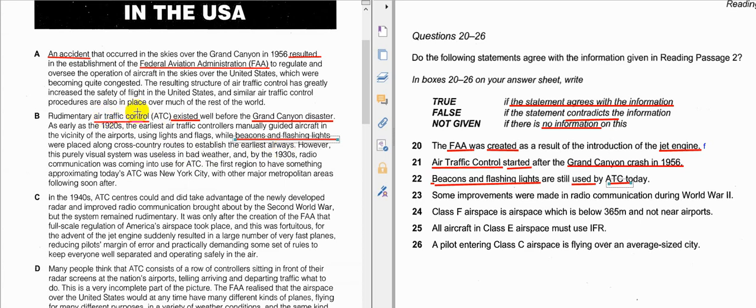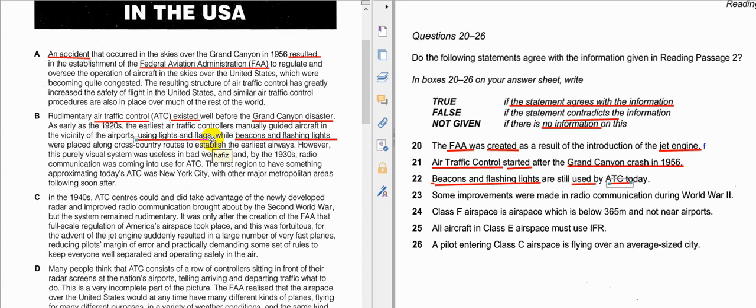Now, there is ATC here in the beginning of the passage, but that's already kind of separate from what is being talked about in this part of the passage. So we don't have ATC, nor do we have the word used. We have using here, but that's for lights and flags.